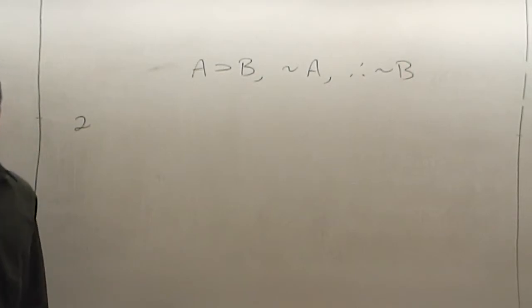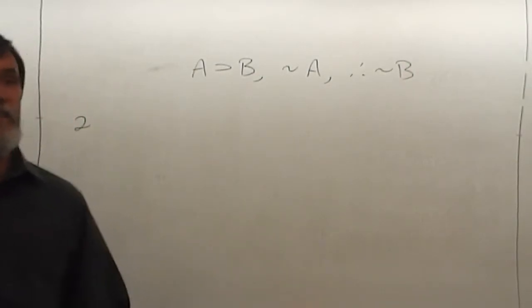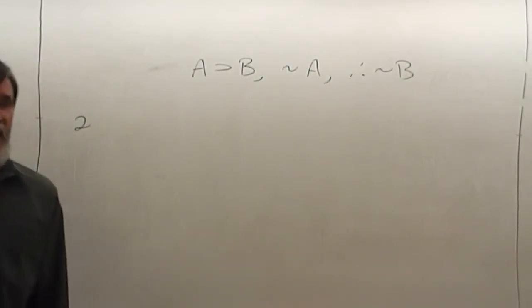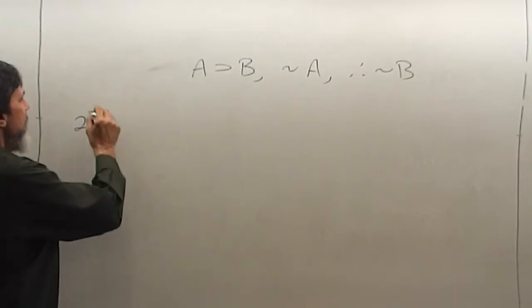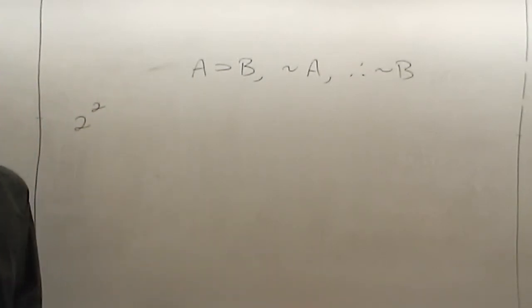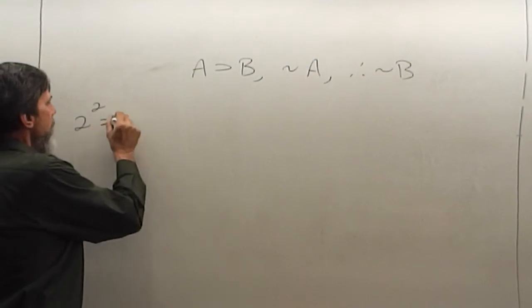We're going to begin with 2. Why? We always do. And again, we only have 2 unique simple statements in our argument, A and B. So again, we're going to square 2.